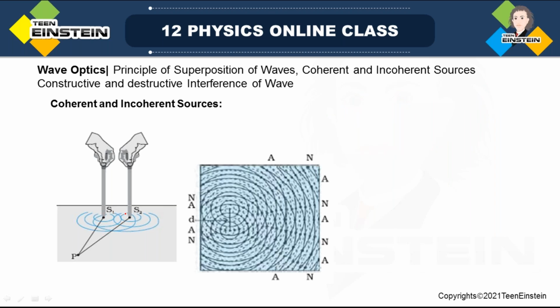At least you should remember that there should be a constant phase difference between the two waves. If I say a sine omega t for one wave, another wave is sine omega t plus phi, so this phi has to be constant. If this constant phase relationship is not maintained, then they are called incoherent sources.